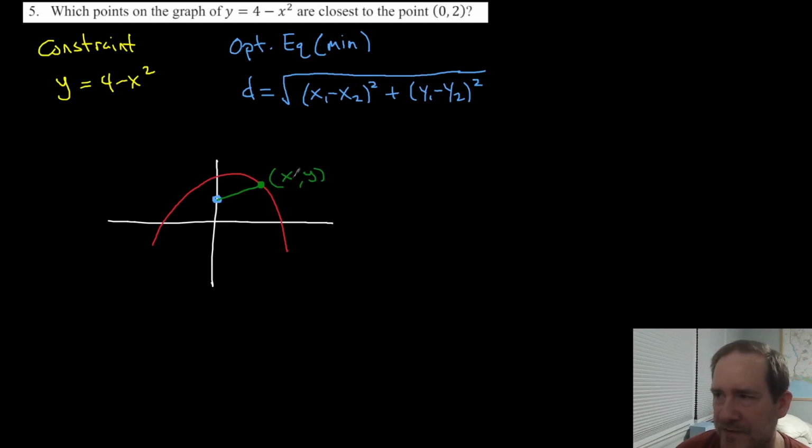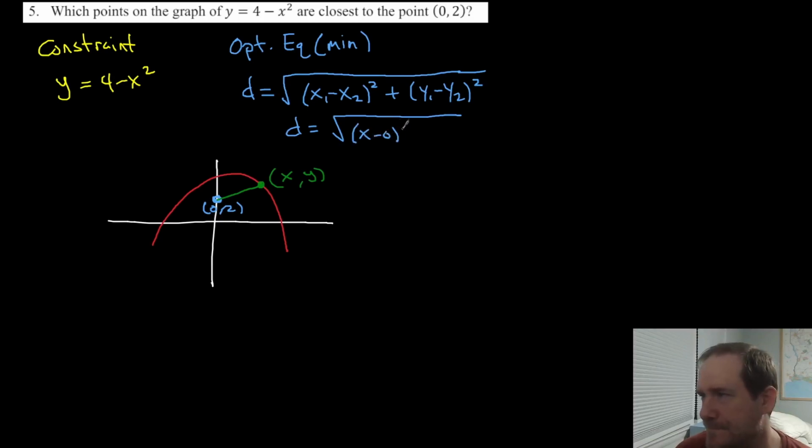This point would be our variables. The given point was (0, 2), so I know those coordinates. These are the values I would plug into my distance formula. So the distance formula would be d equals the square root of (x minus 0) squared plus (y minus 2) squared.